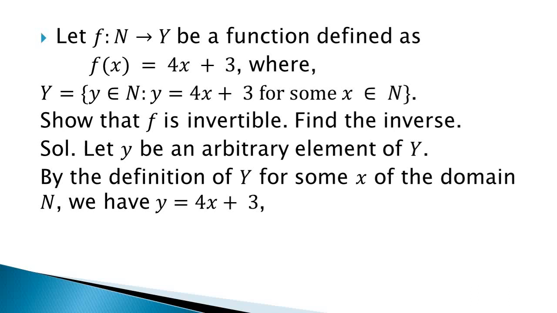That means y has been expressed as a function of x here. We can reverse the order in this way and find the value of x as y minus 3 by 4. X is expressed here as a function of y.